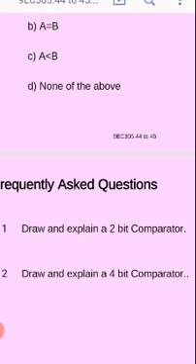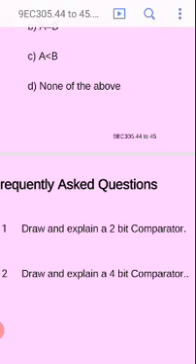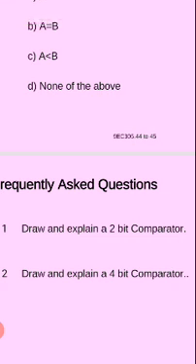Or we can say, draw and explain 1-bit comparator also.